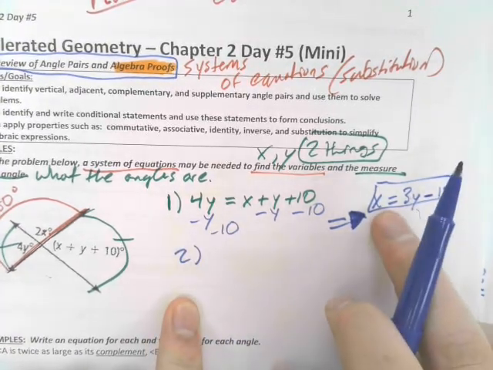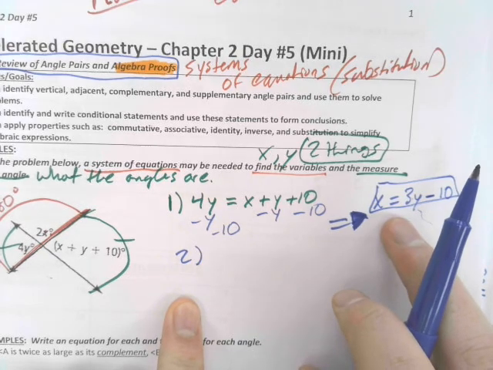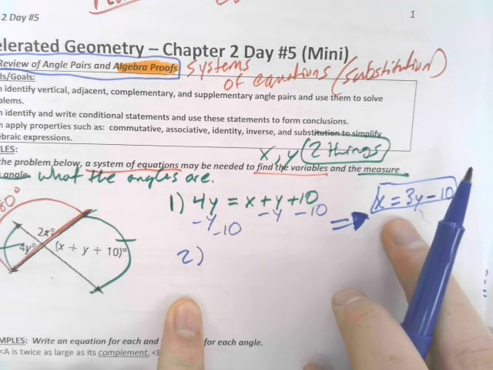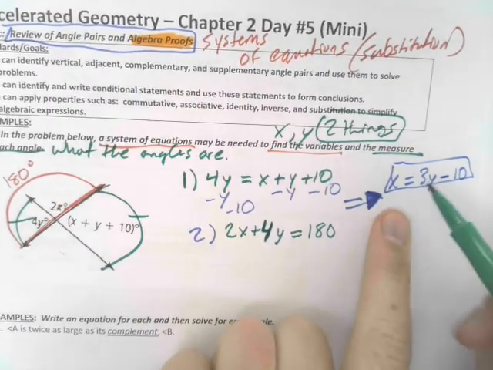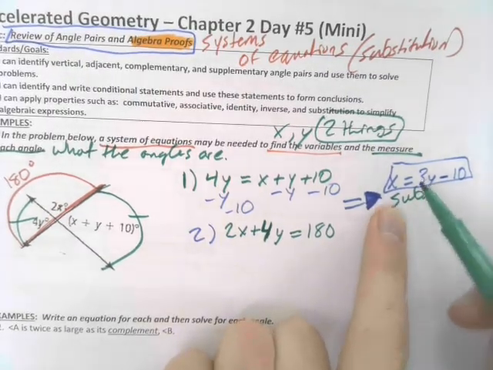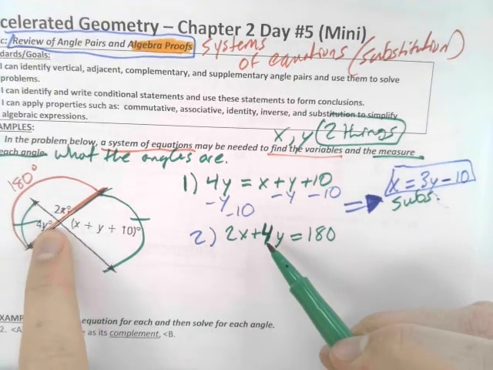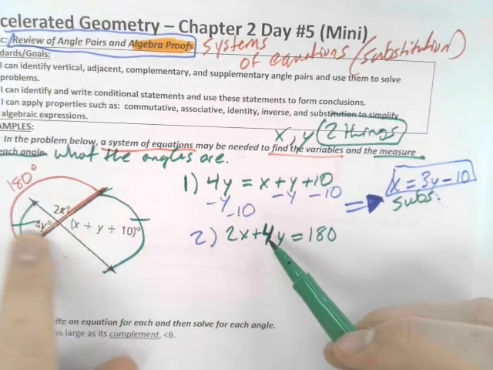Because if that's what x is, then we can do some replacing here. Normally we know that 2x plus 4y is going to equal the whole 180 degrees.